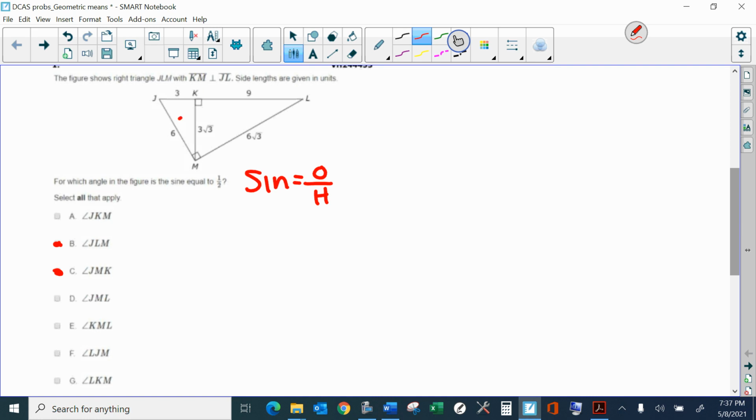So we did the small one already. We did the medium one. So now we have to look at the big triangle right here. Notice the hypotenuse is 12. And so we would have this one again. This one is opposite. 6/12 is 1/2.